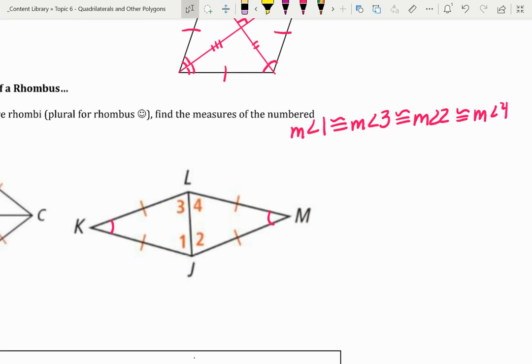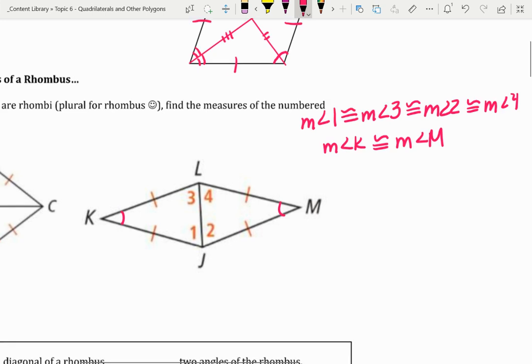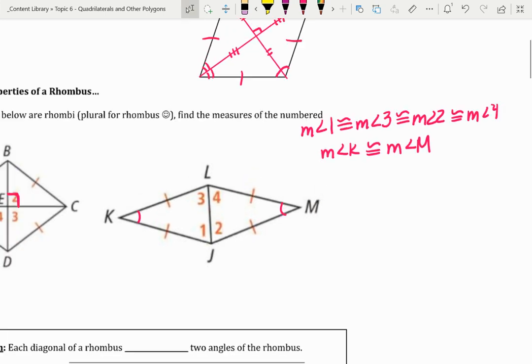Just like the measure of angle K is congruent to the measure of angle M.